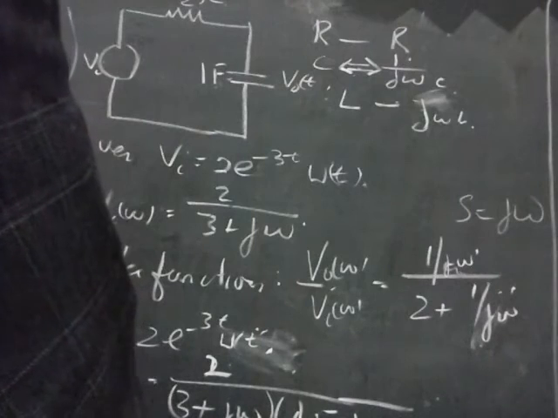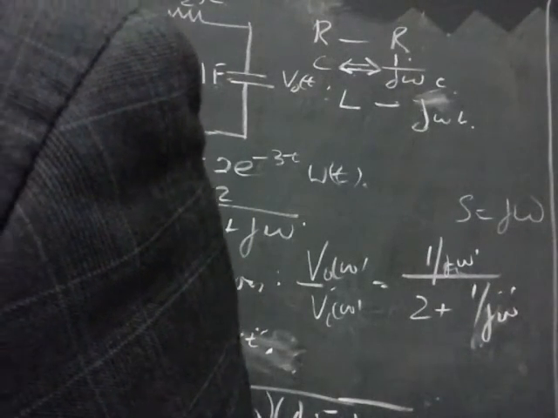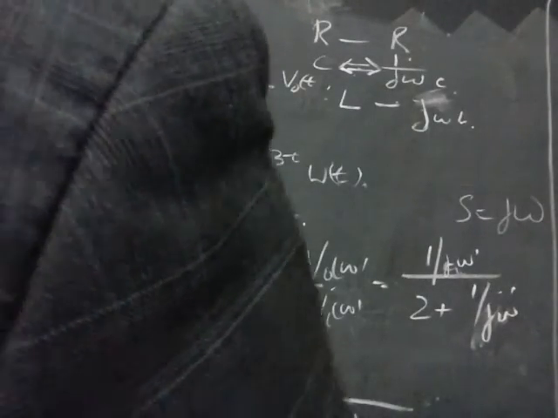V0 is equal to Vi times h of omega, which is equal to 0.5 plus 1 over j omega.